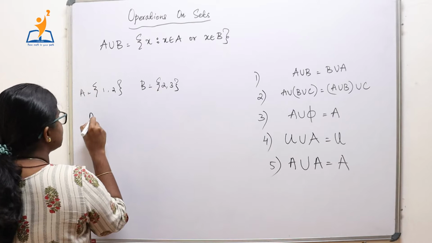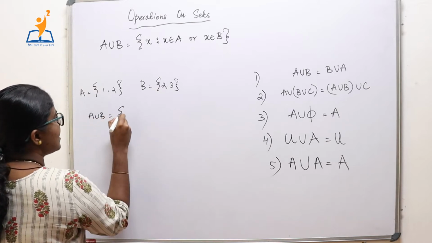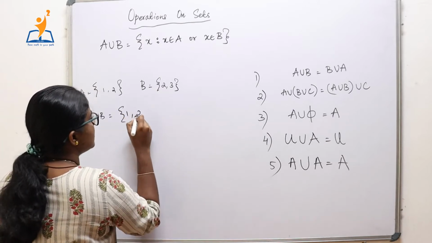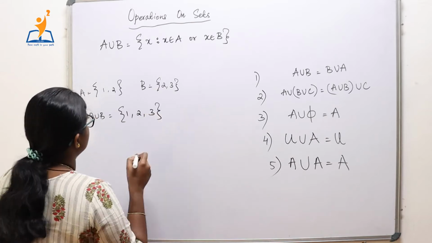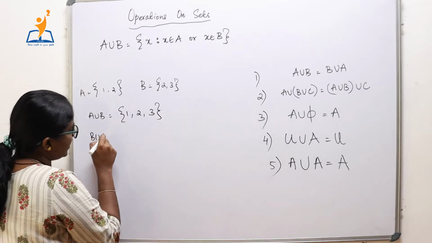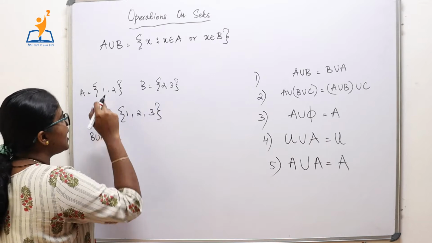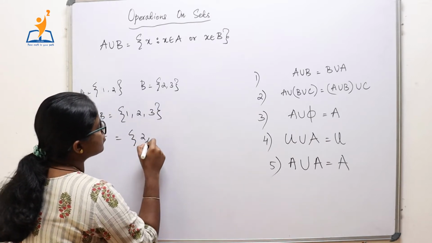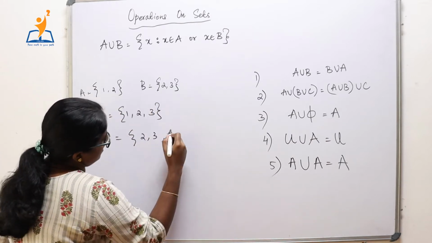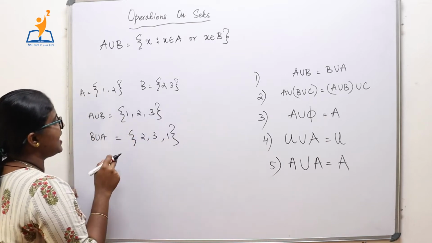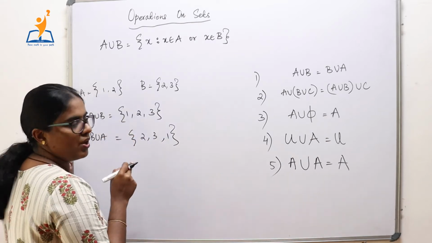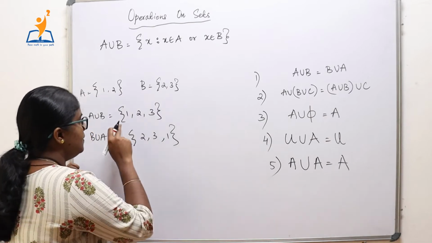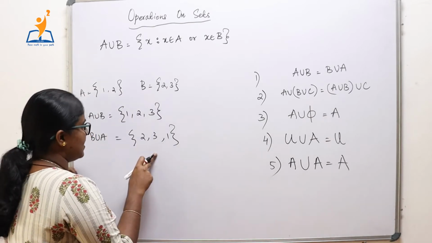Then we know that A union B is all the elements from A and B, that is 1, 2 and 3. And B union A is all the elements from B and A, and they are 2, 3 and 1.